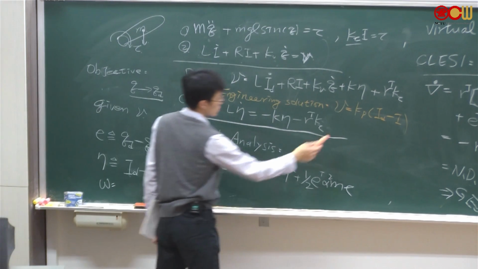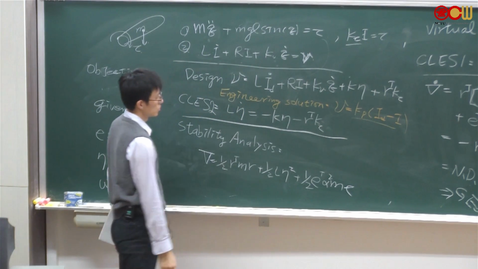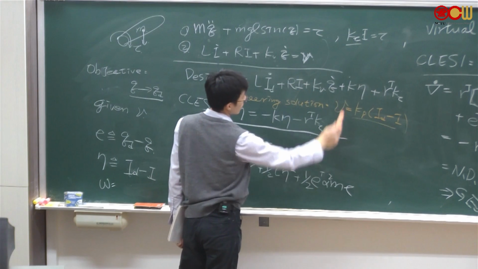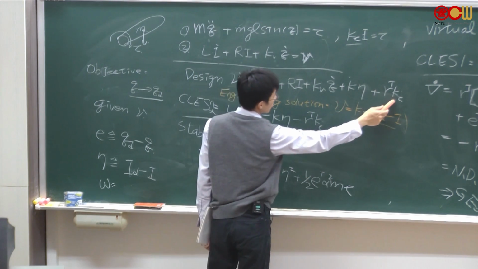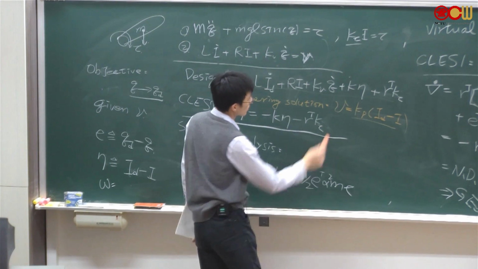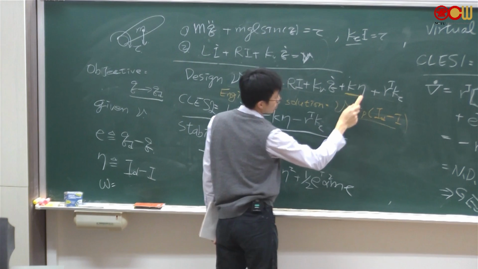You implement this as a control, which is the voltage input, compared to backstepping that consists of a lot of terms. In fact, this KP term is same as this term, right?